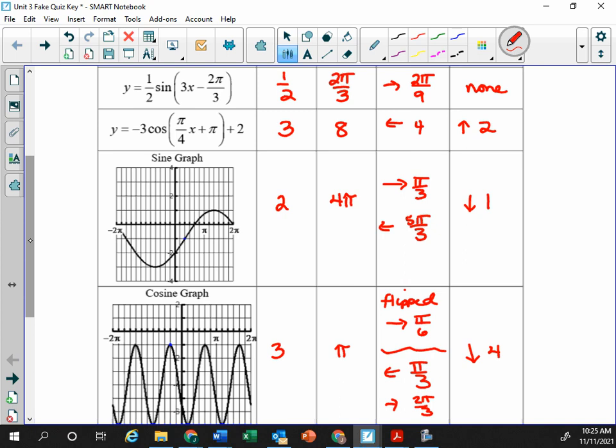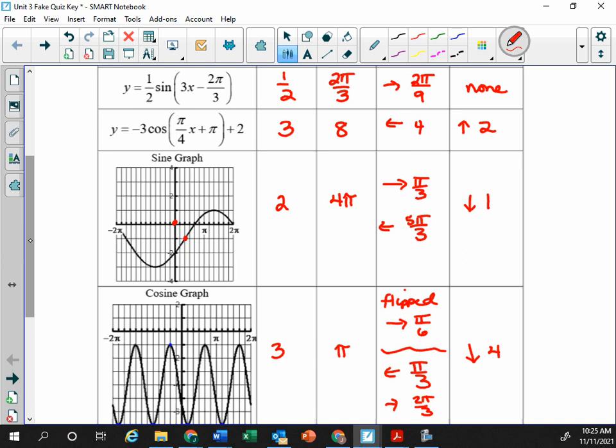The first one? Which one? This one? The third one? Right pi over 3 or left 5 pi over 3. The sine is normally at 0, 0, right? And so it is shifted right and down if you look at that point.